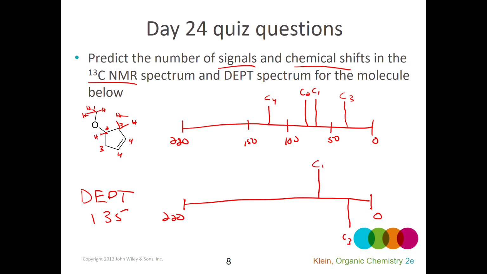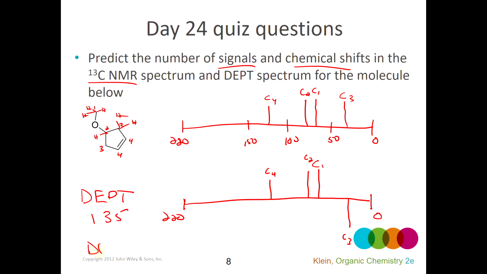Carbon 2 is a methine, a CH, so it would also come up from the baseline. And then carbon 4 is also a methine, so it would also come up from the baseline. So I can confirm how many hydrogens are on each carbon, to some degree at least, and really get spectra that matches this structure and helps to confirm its identity.